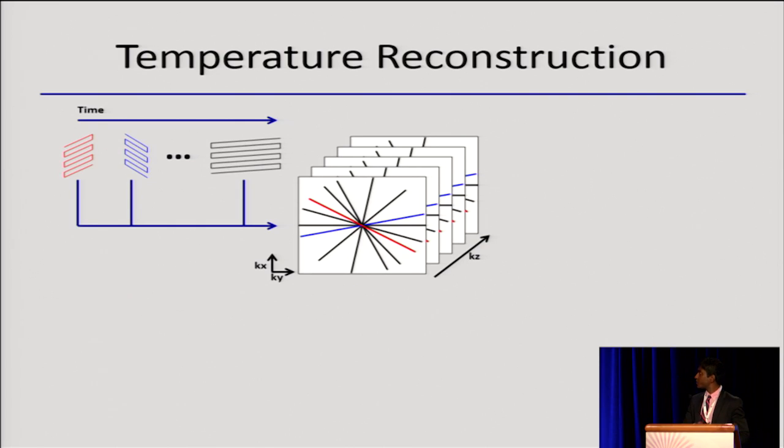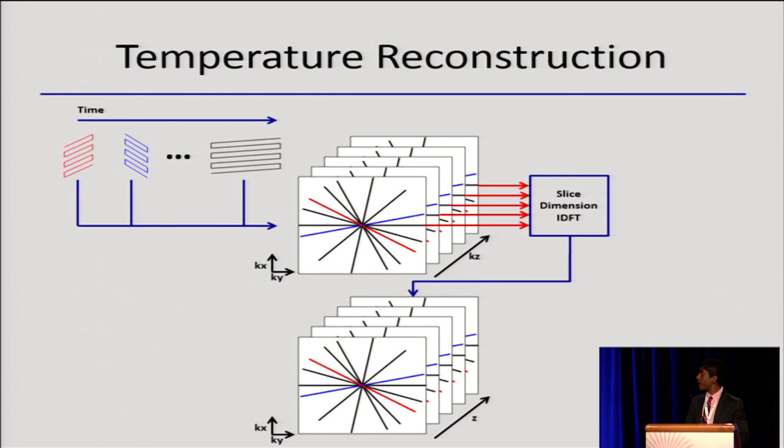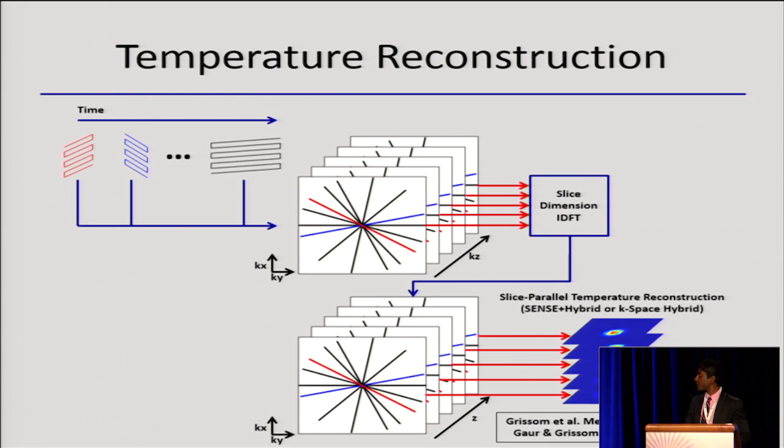So this is the workflow of our temperature reconstruction. A contiguous set of our radial spokes is put into a 3D stack of stars k-space. We first perform an IDFT in the slice dimension. This resolves the slices of our volume in the slice dimension, giving us a set of k-spaces, which we can put into any temperature reconstruction scheme for further processing.